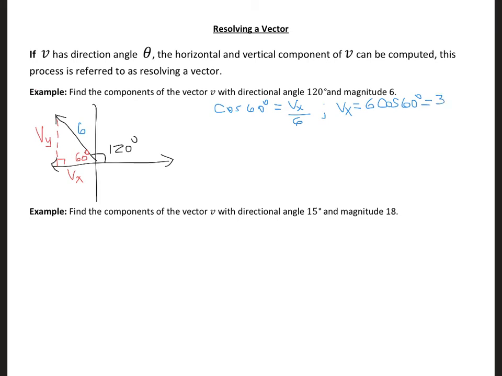Now I'm going to find the vertical component. I'm going to use sine of 60 is equal to V of y, which is the opposite, over 6. So V of y is just going to be 6 sine of 60. I put that in the calculator, and I get about 5.2.